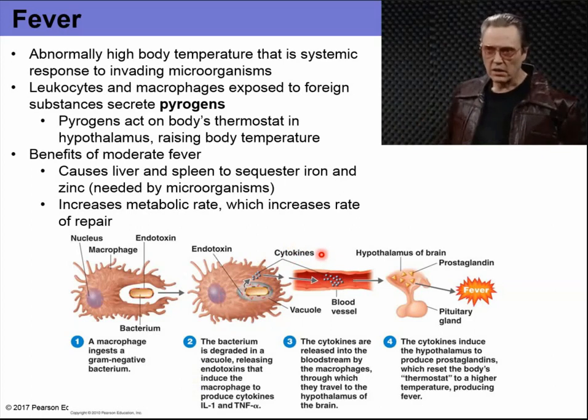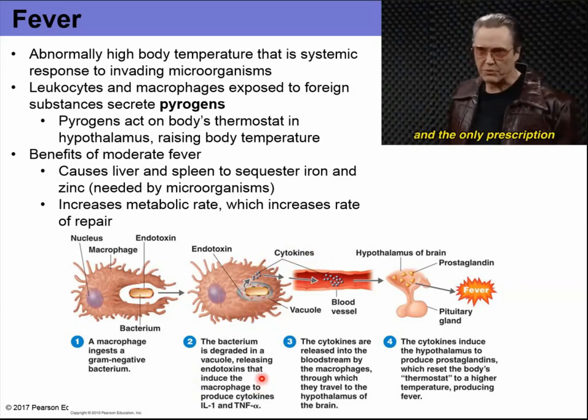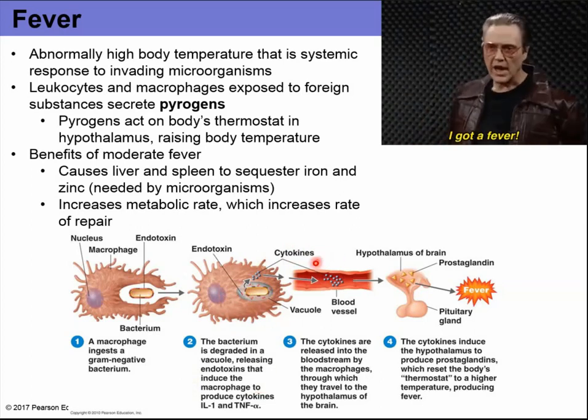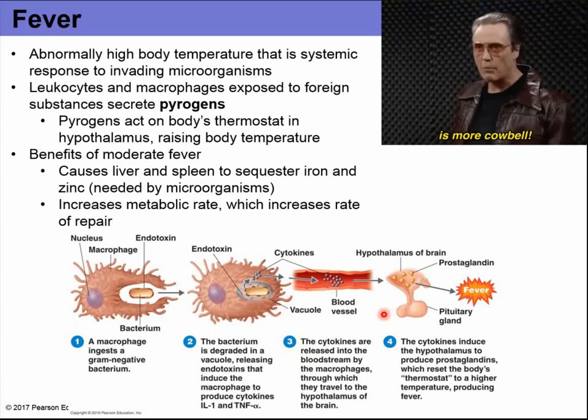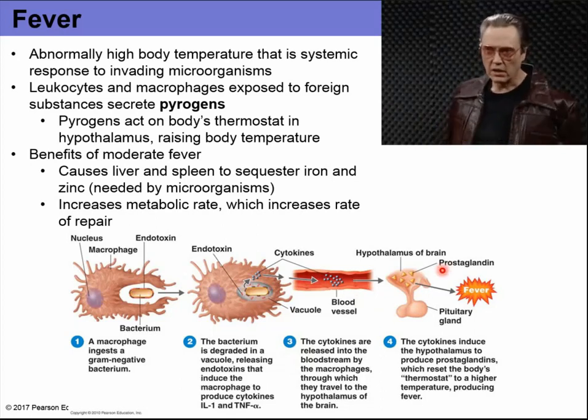Right? So cytokines are kind of like hormones of the immune system, where they're just chemical messengers. So we send these pyrogen messengers to the hypothalamus in the bloodstream. Right? So the hypothalamus is going to respond by resetting the body's thermostat to that higher temperature, resulting in the fever.